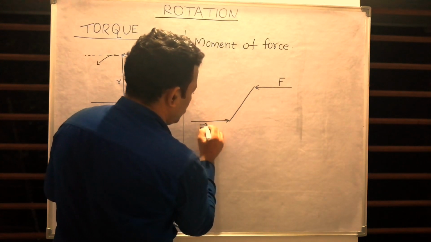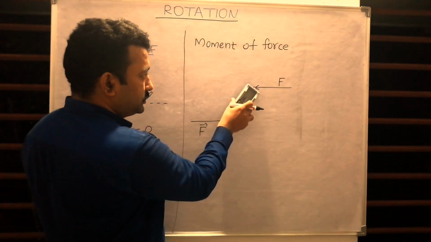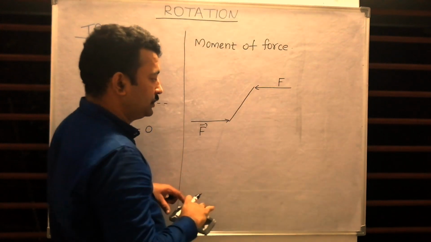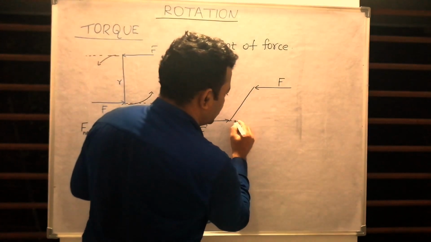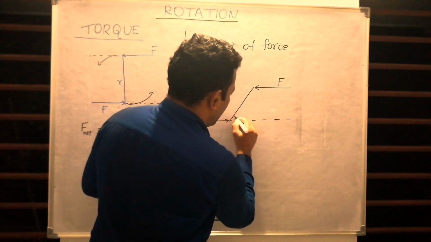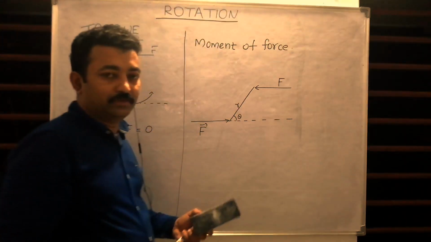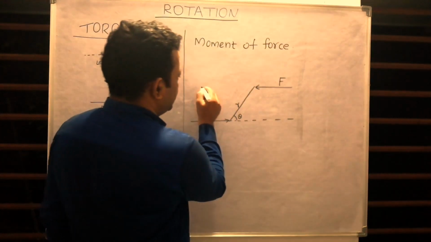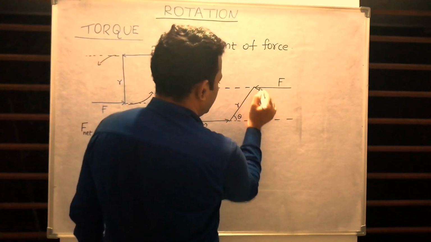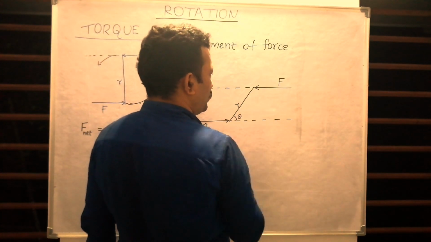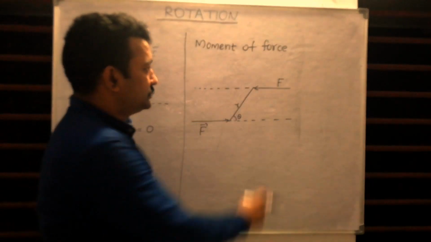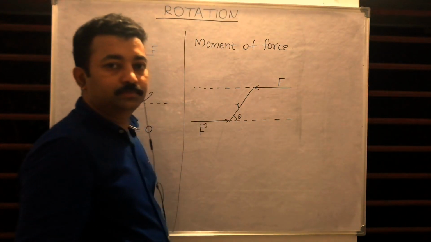In this case also, this object will rotate like this. Here we can say that R is making an angle theta with the force. Extending this direction, this F is also making angle theta.